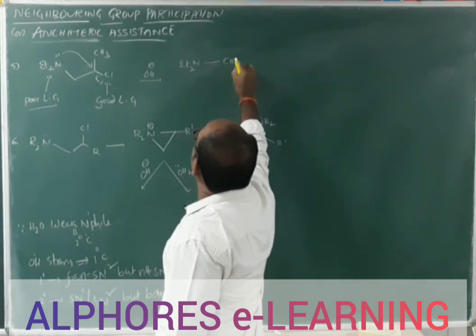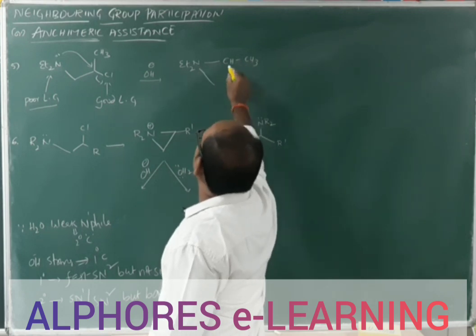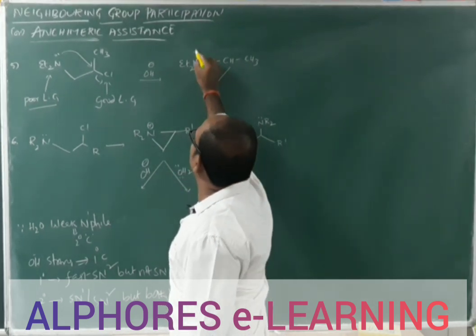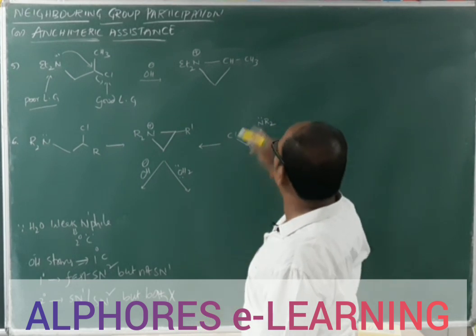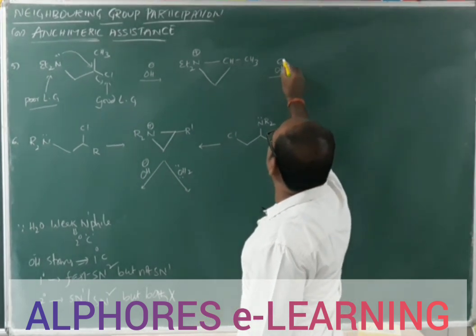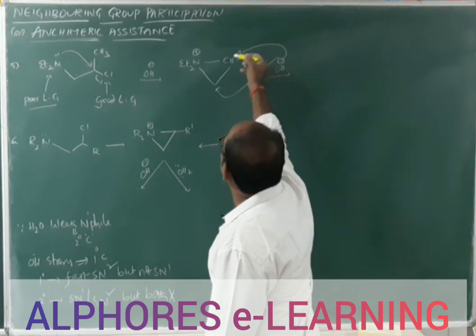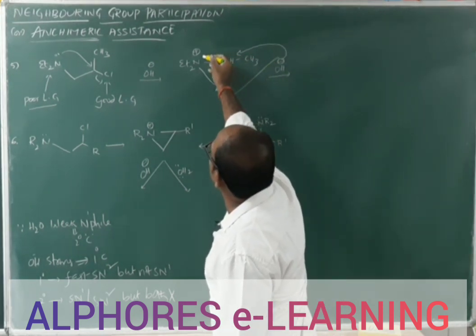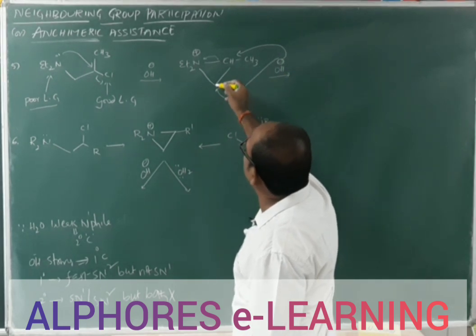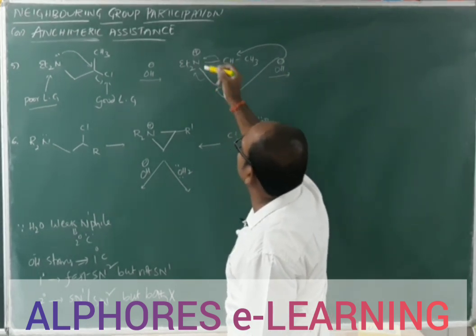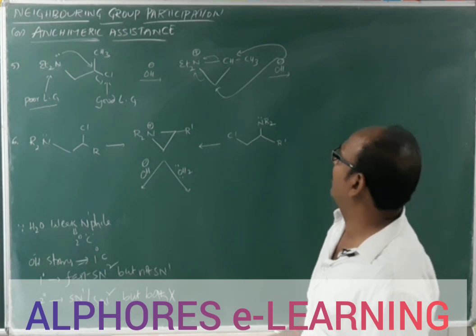This one CH3. Like this, you are getting here nitrogen going to bear positive charge. Now, OH minus may attack either of the two carbon atoms, either this one or this one. So if it attacks upon this carbon, then these electrons will be shifted. If this OH minus attacks upon this carbon, these electrons will be shifted. But here you should remember one more thing.